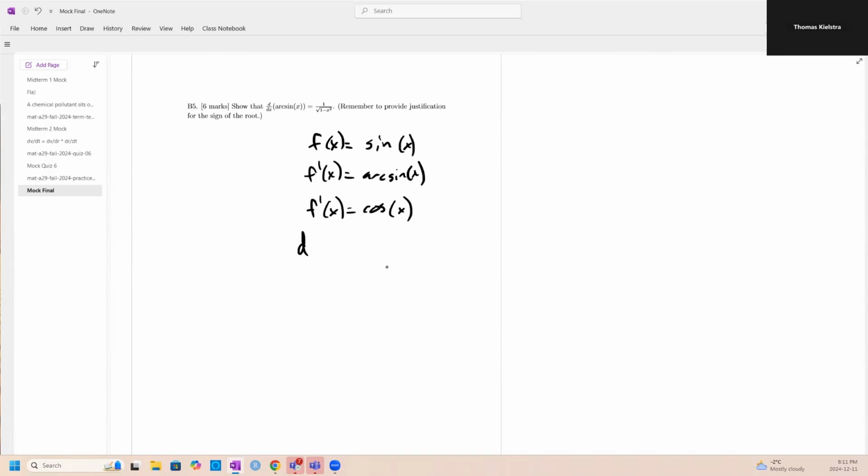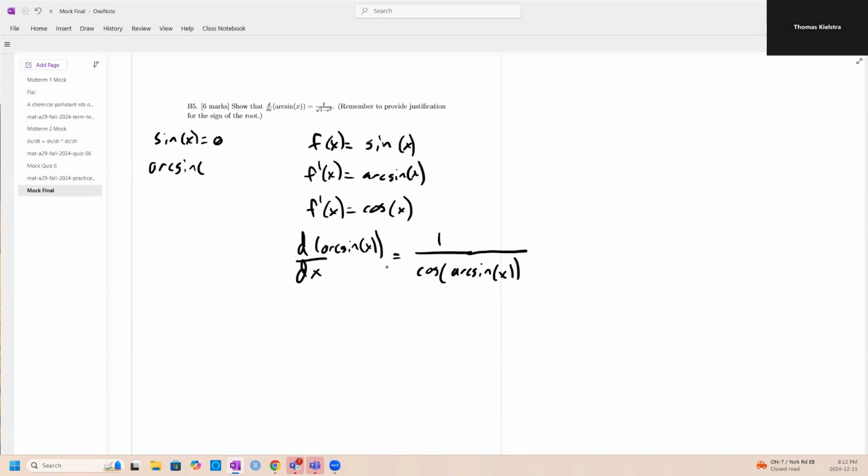Using the inverse function theorem, the derivative of arcsin of x equals 1 over cos of arcsin of x. The question is, what is cos of arcsin of x? Well, if sine theta equals x, then arcsin of x equals theta.